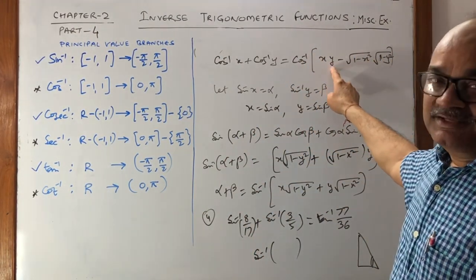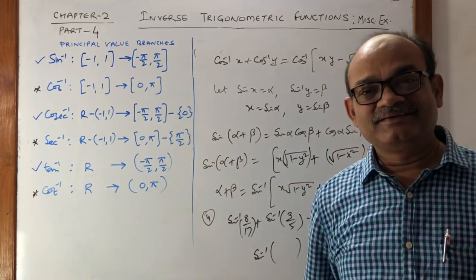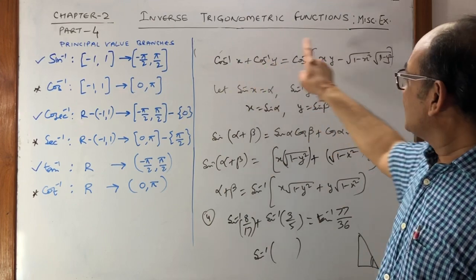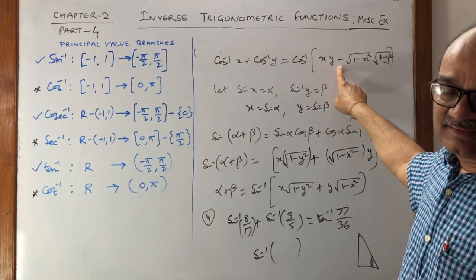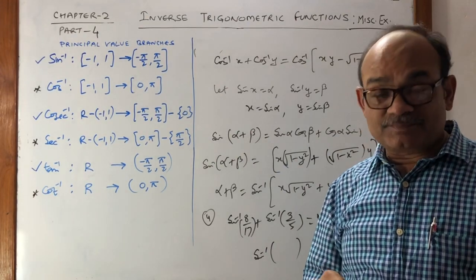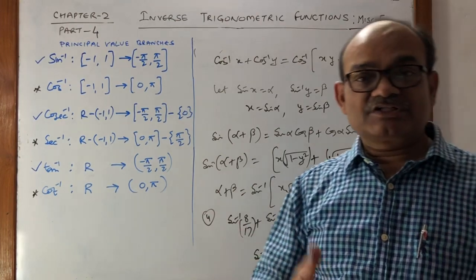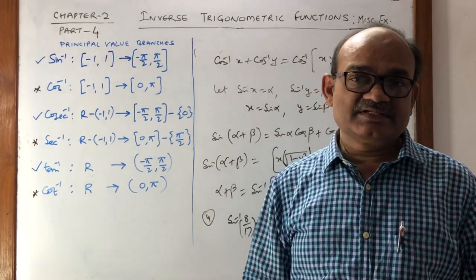Cos A cos B minus sin A sin B is the formula of cos of A plus B. If it is minus, then you have to put plus. Same as class 11th. So these two forms we can apply in some questions when you want cos inverse plus cos inverse or sin inverse plus sin inverse.